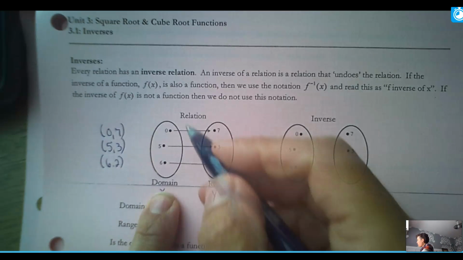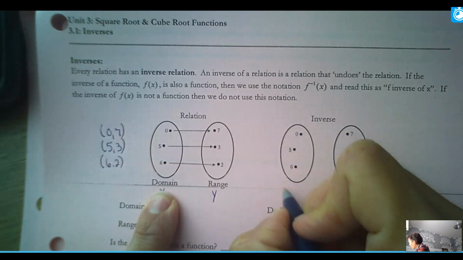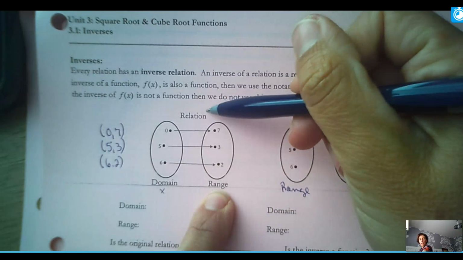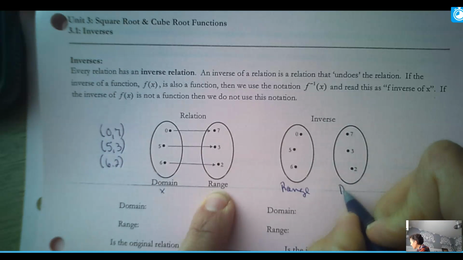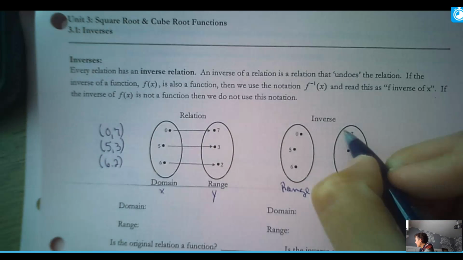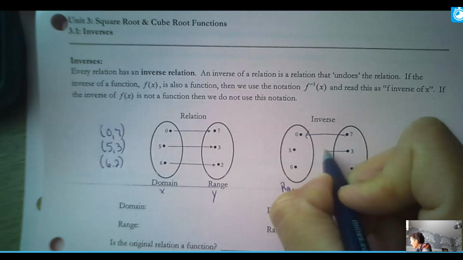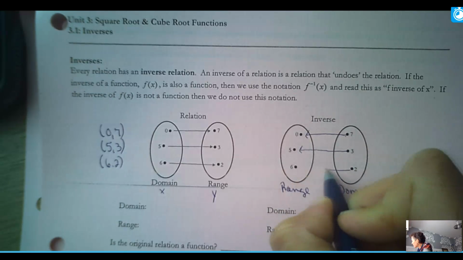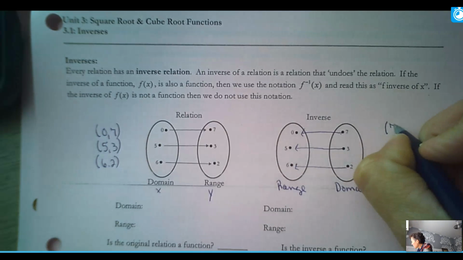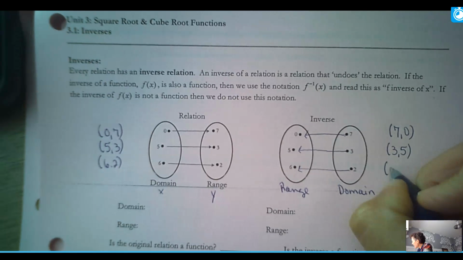What was the domain in our relation becomes the range of the inverse, and what was the range becomes the domain. So now 7 as x gets 0 as y, 3 goes with 5, and 2 goes with 6. As ordered pairs, it would be (7, 0), (3, 5), and (2, 6).